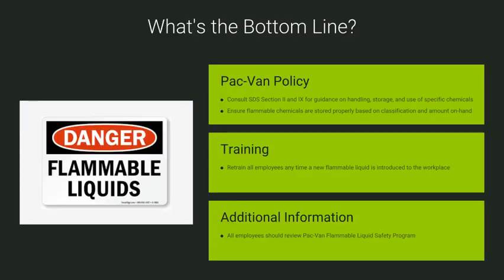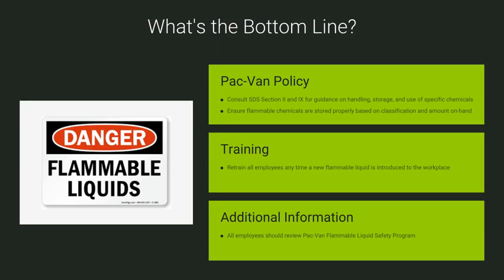The bottom line is that employees should always consult the safety data sheet prior to taking any actions with chemicals. Sections 2 and 9 will provide information concerning whether or not a liquid is considered flammable, and other sections will provide guidance on how to safely handle, store, use, and dispose of the chemical.